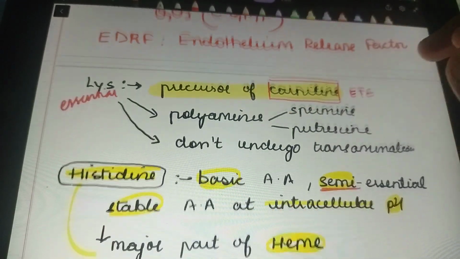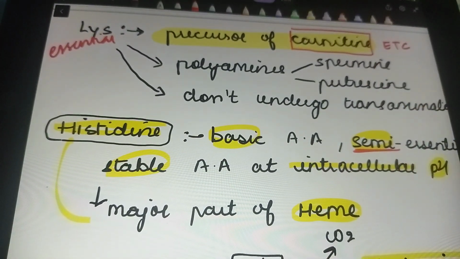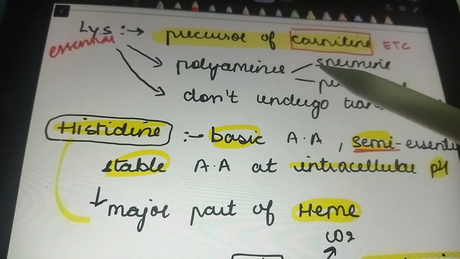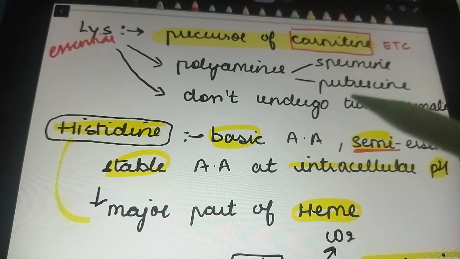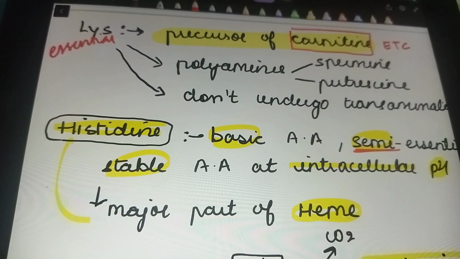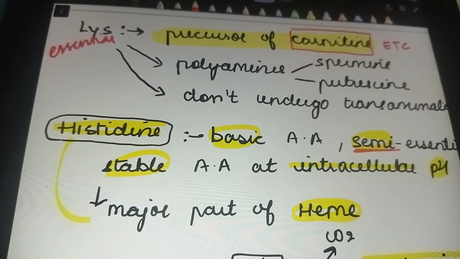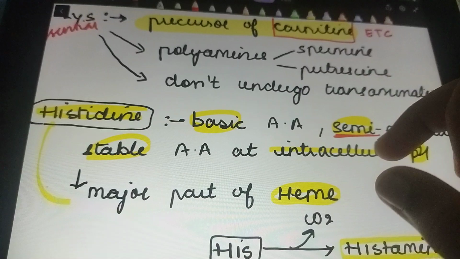Moving on with lysine, the second basic amino acid. Lysine is a precursor of carnitine, and it also has a polyamine part. The polyamines are spermine and putrescine. Lysine is an essential amino acid, which is not produced in the body, so we have to take it in.